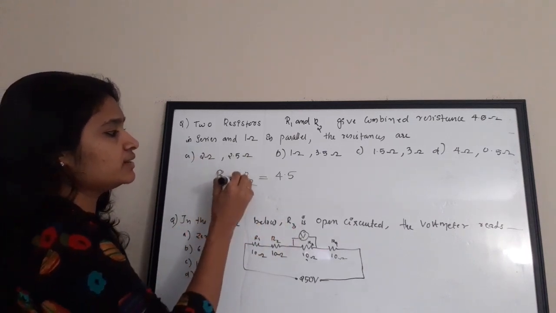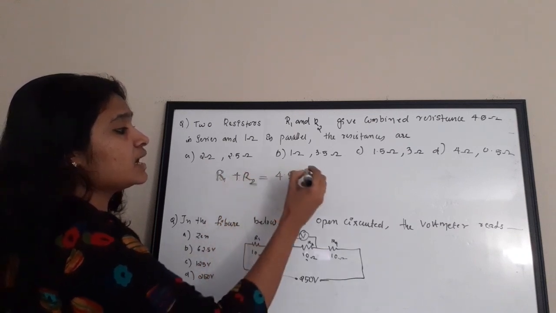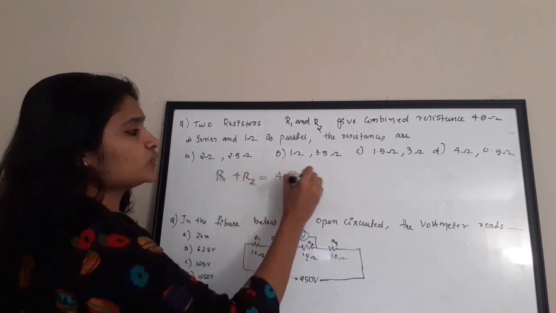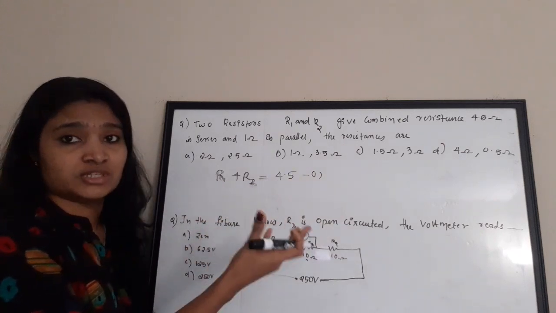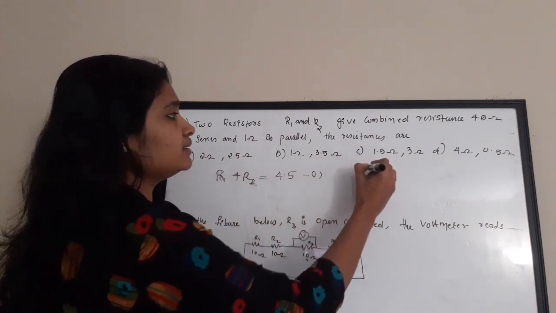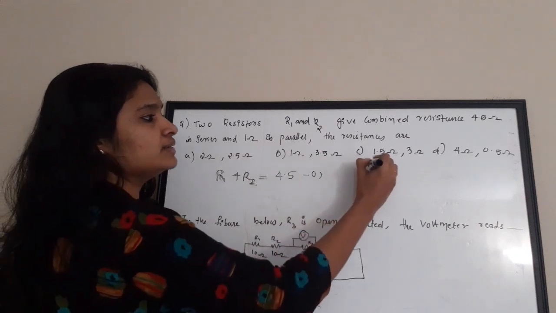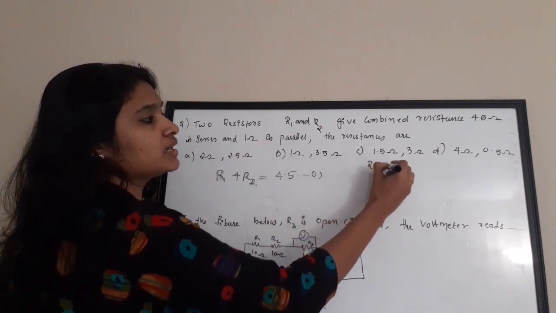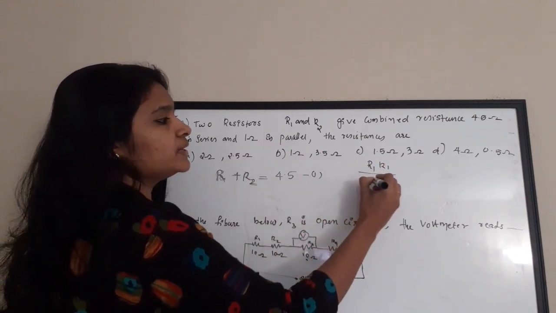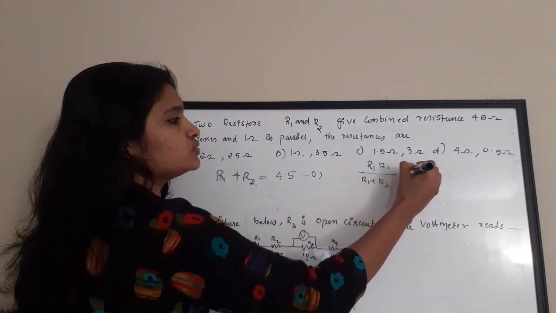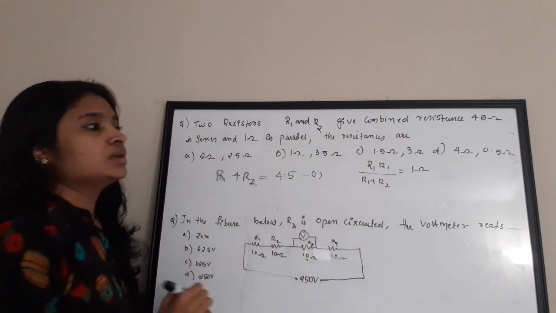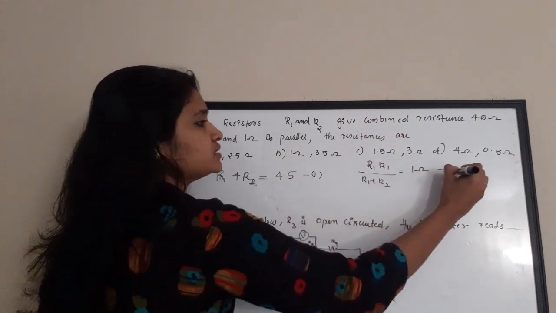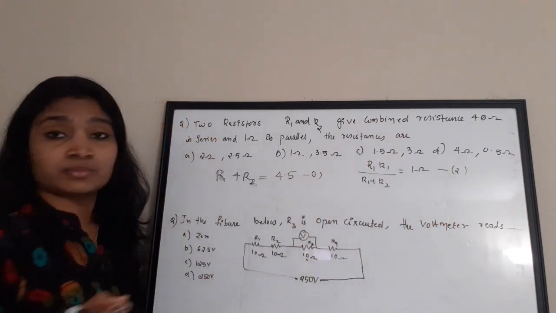So the first equation is R1 plus R2 is equal to 4.5, which is the series representation. Also, in parallel it gives 1 ohm, so I write R1 R2 by R1 plus R2 is equal to 1 ohm. Okay, so this is your second relation. These two things you can write from the question.